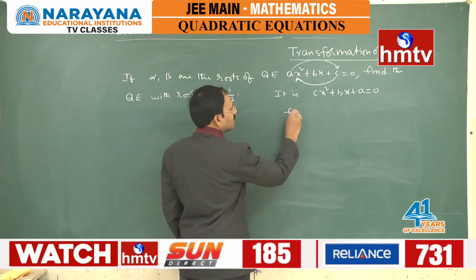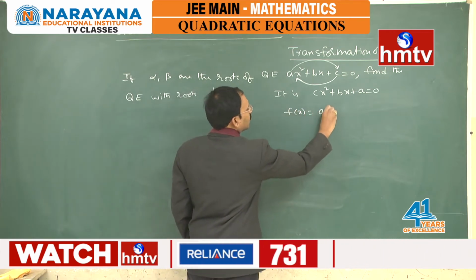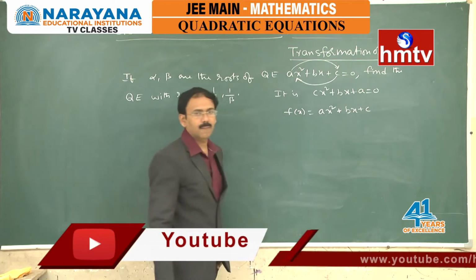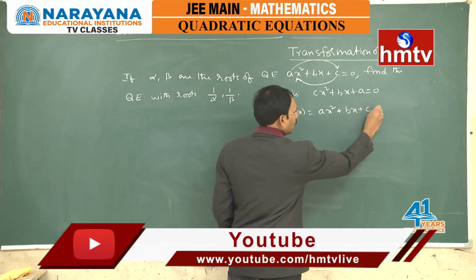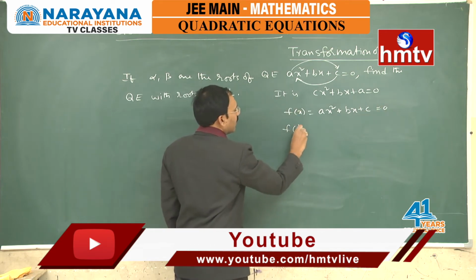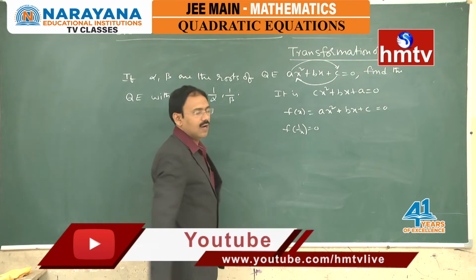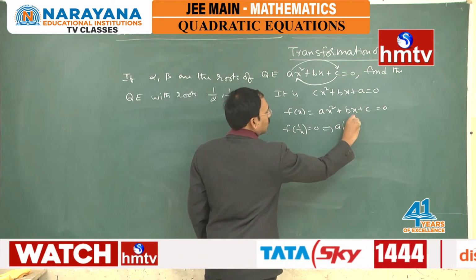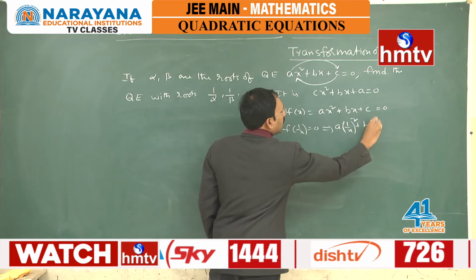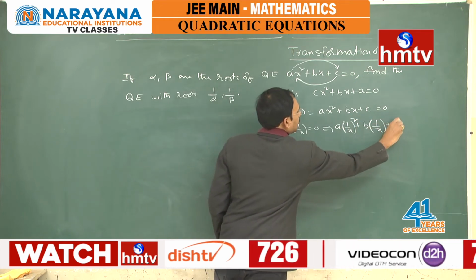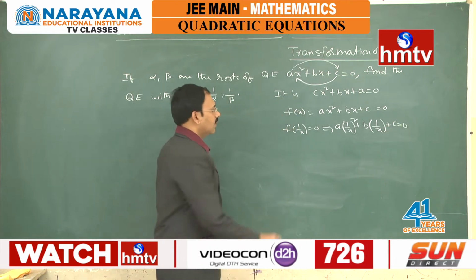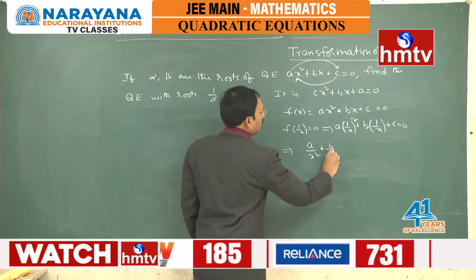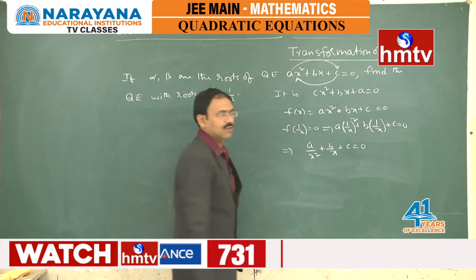Now, one observation is, suppose the given quadratic equation is f of x equal to ax square plus bx plus c equal to 0. You just consider f of 1 by x equal to 0 and see what happens. This is a into 1 by x whole square plus b into 1 by x plus c equal to 0, which becomes a by x square plus b by x plus c equal to 0.